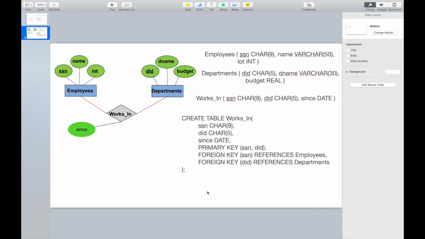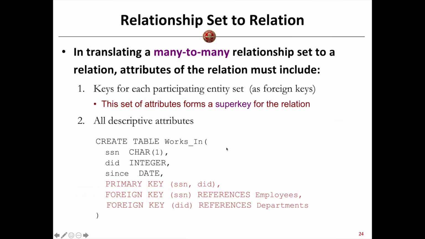Let's come back to the slides. At the bottom of this page, we show the same works-in table as we showed before, and we highlight the primary key and the foreign keys here. So you can use this example to understand how we create a relation for a many-to-many relationship.